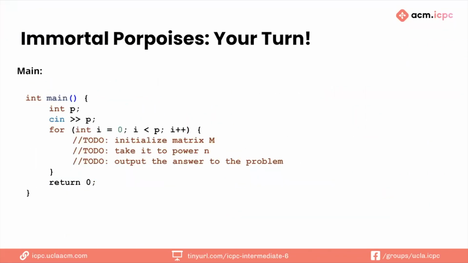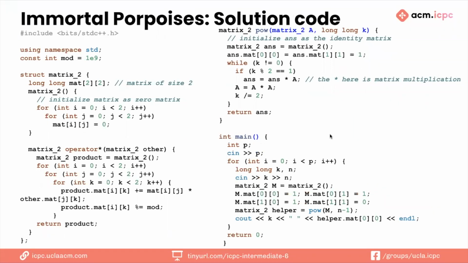It's pretty short. So here is the full solution code. Essentially, we read in 2 numbers specified by the problem statement input. The first number is just the number of the test case, and the second is the power that we need, the Fibonacci number that we need to find.